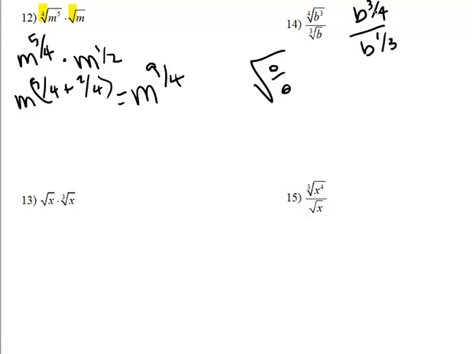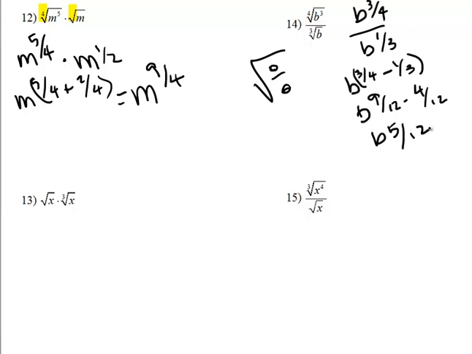Again, I'm dealing with fractions, so this is the same as b to the 3/4 minus 1/3, and that will be, again, over 12. So 4 goes into 12, so that's 9/12 minus 4/12. So I end up with b to the 5/12.